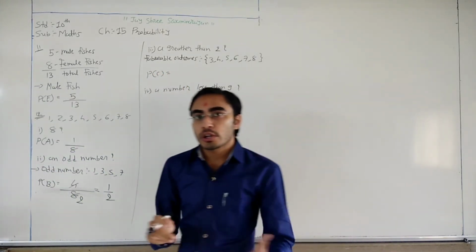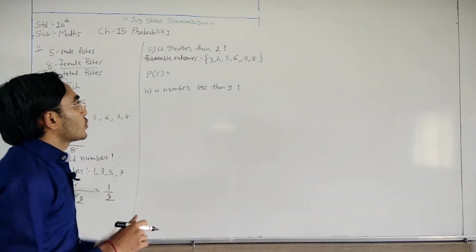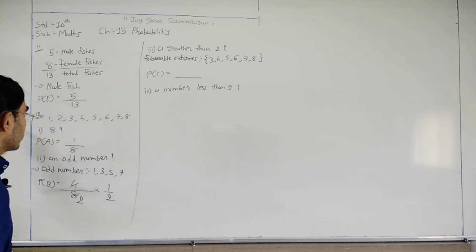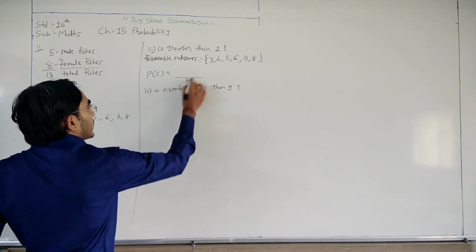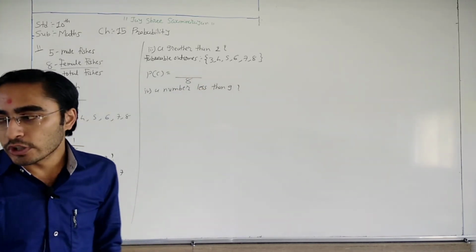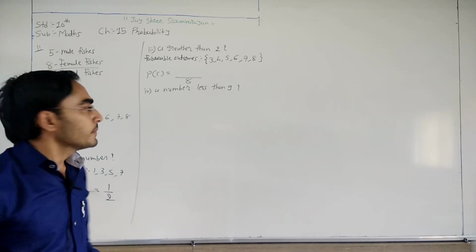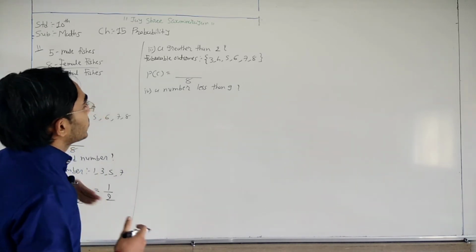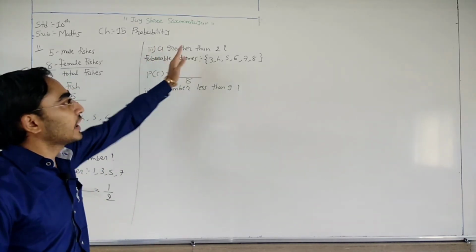Here, first of all, total outcomes. So, how many numbers do we have in total? 8. That we need to write in the denominator. Total number of outcomes, 8. After that, favorable outcomes. Now, we need to find the probability for a number greater than 2.